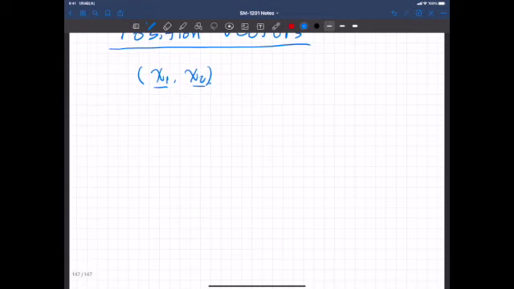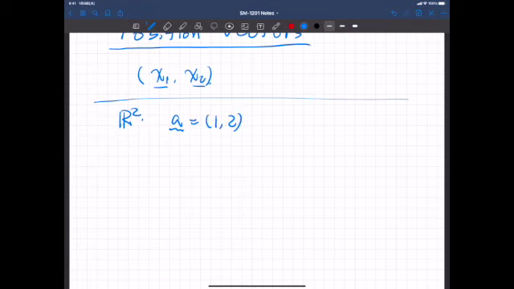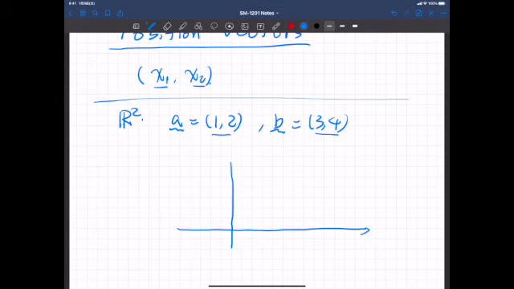First of all, let's consider two-dimensional space. And let's say two position vectors, A is (1, 2), and B is (3, 4). So we regard these two vectors as positions in two-dimensional space. So if we have this coordinate system, A is (1, 2).